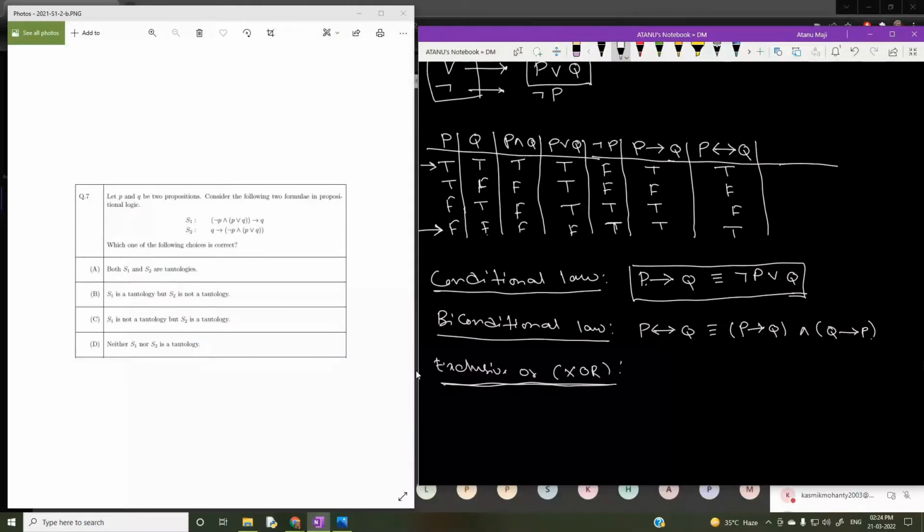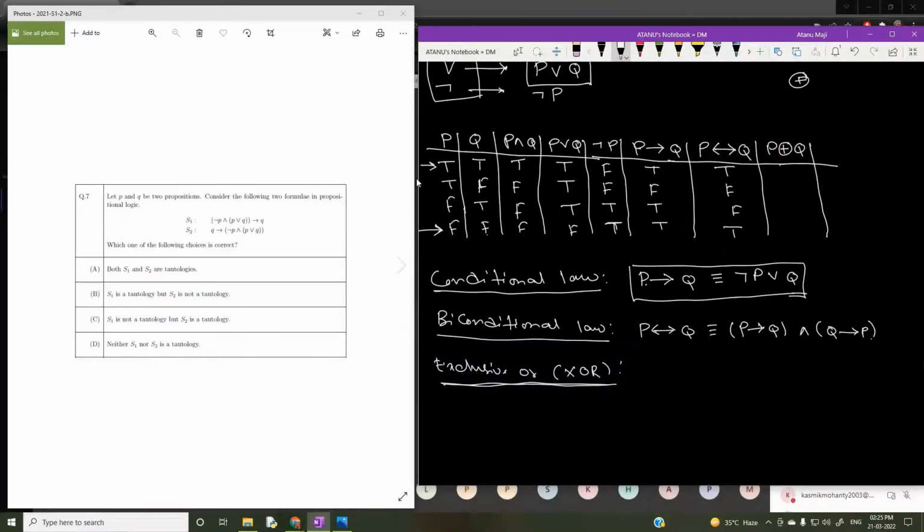When exactly one thing is true, then we get the output as a true result. The symbol for XOR is this plus inside a circle. So here two propositions P and Q are there. If I write P XOR Q, that means the result will be true when exactly one of P and Q is true.